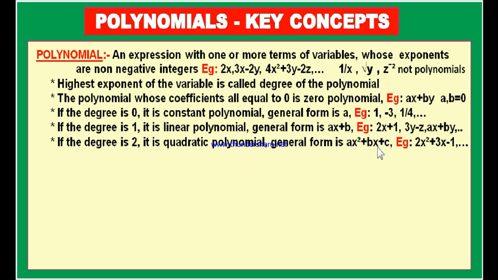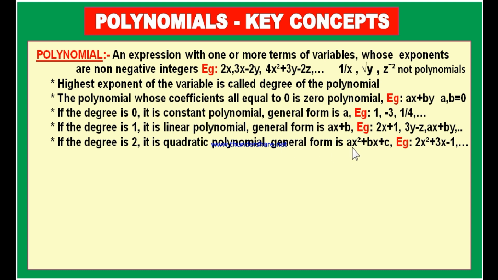In this polynomial, there may not be an x square term, and it may have only bx plus c. If bx plus c is the polynomial, then it may not be of degree 2. Therefore, the condition for ax square plus bx plus c to be a quadratic polynomial is a not equal to 0. Understood?